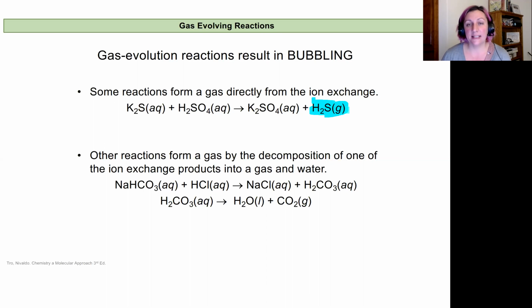And so what we would see in this reaction is when we combine our two aqueous solutions, we would suddenly see bubbling. And now hydrogen sulfide is a kind of gross smelling gas. I mean, it's one of these sulfur compounds, and so it's going to smell kind of like rotten eggs. And so we would see bubbles and smell grossness for this reaction.